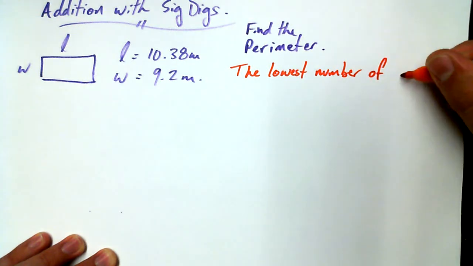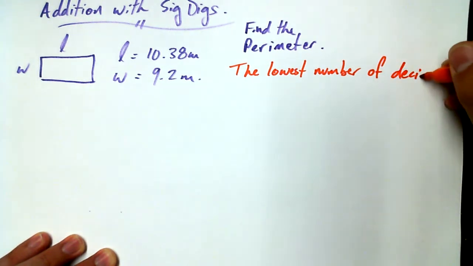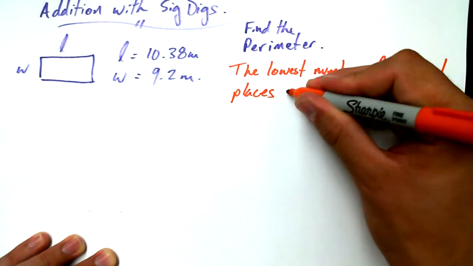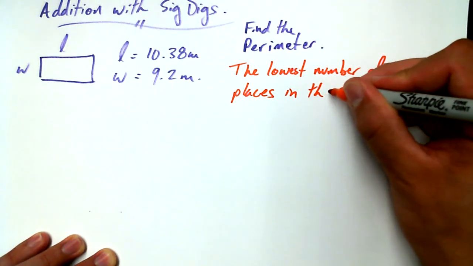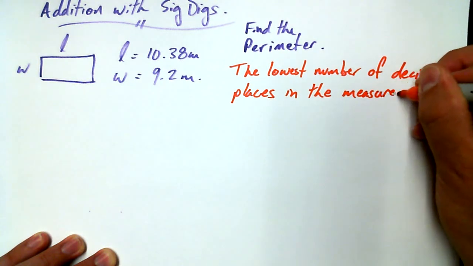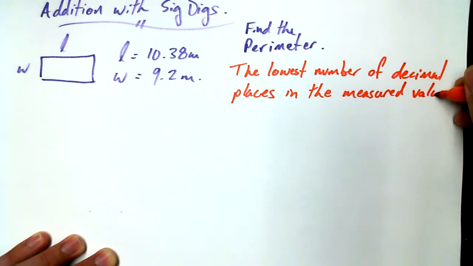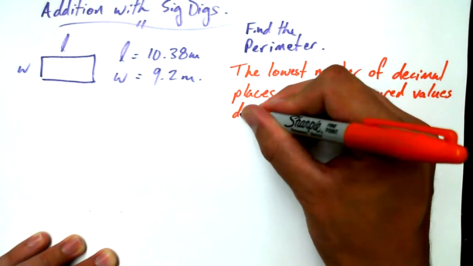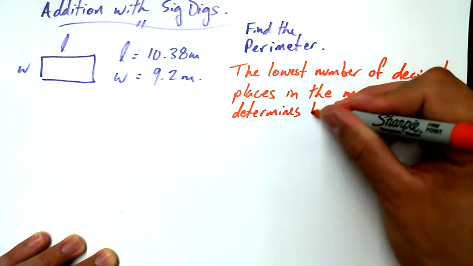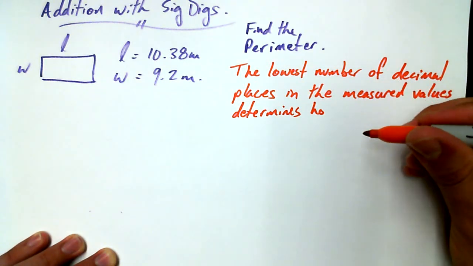The lowest number of decimal places in the measured values determines how many decimal places will be in the final answer.